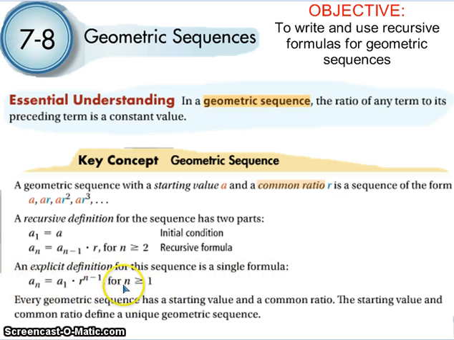This is actually the best way to find a missing value. Let's say we want to find the 11th term in the sequence. We can use the explicit. It's good for the nth term, so you might want to remember that.